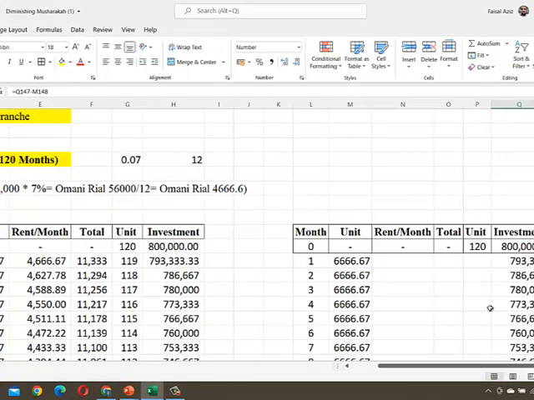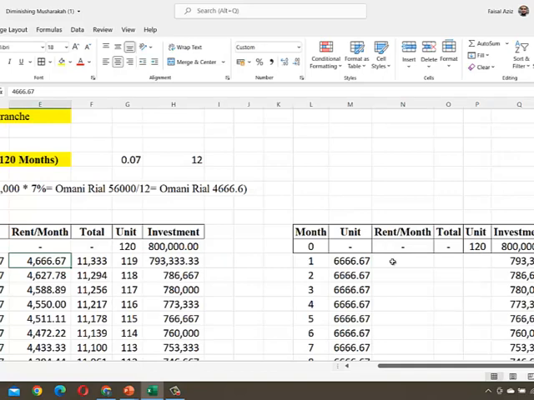Now you can see over here the rental. The rental will be calculated on the basis of the outstanding share of the bank, and the rate is already 7%. For that calculation we can simply use this outstanding balance. The first was 800,000, and when the bank share becomes 793, we will have to calculate the rent again.